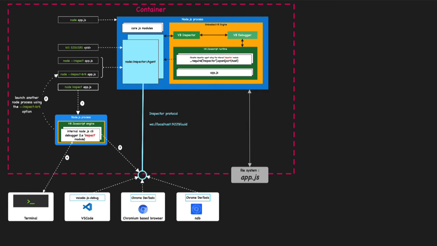But the things you have to pay attention to are ports, volumes, and of course IP addresses. So we want to make sure that the adapter of the container is exposed to its host, which in turn is available to the debugger client, which runs outside the container on a local Mac.